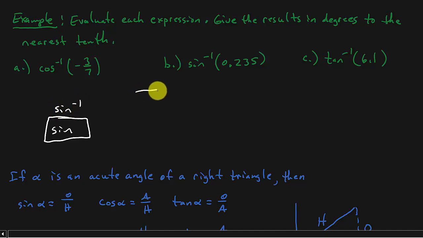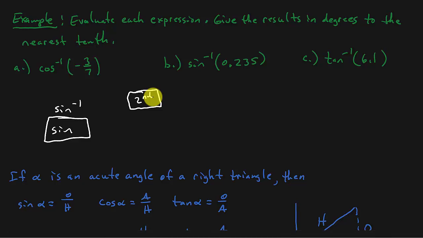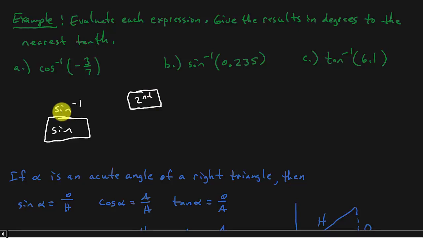You also have a button that on mine is kind of blue, and it's the second button. So to get to the inverse trig functions, you hit your second button and then sine, and on the display, it'll pop up inverse sine. And you just do that with all of these.